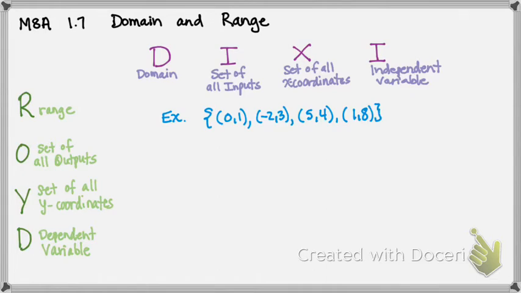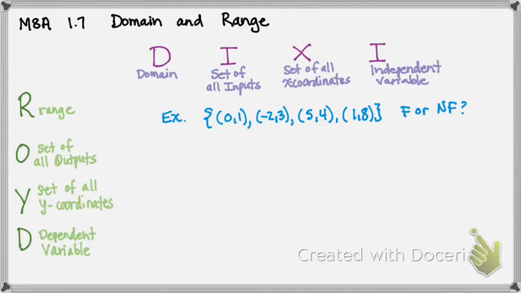Okay, so would it be a function or would it be not a function? Well, remember what we talked about is that each X value has its own unique Y value. And if you're noticing, a 0 pairs up with a 1, a -2 pairs up with a 3, a 5 pairs up with a 4, and a 1 pairs up with an 8.